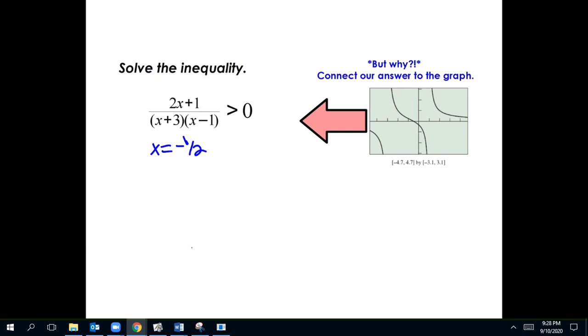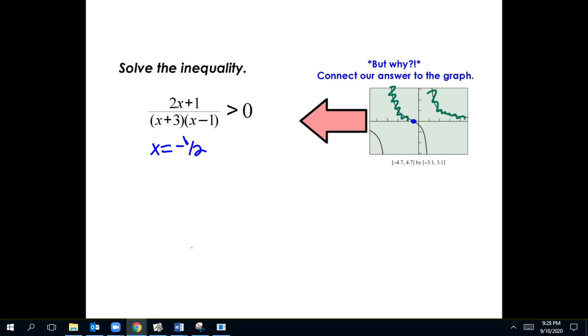But the bottom parts are important as well, because if we're looking for when is the interval positive, x equaling -1/2 would not be enough for my number line, because here's -1/2, and it's positive here and here.